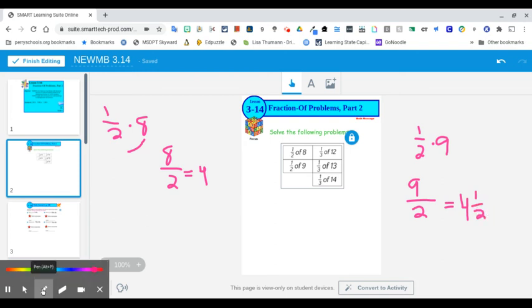So using that process that I had said earlier, I'm going to take my 2 and multiply it with the 4, so my denominator times the whole number. 4 times 2 is 8. Then I'm going to add it with that numerator, and 8 plus 1 is 9. And then we keep that denominator. Okay? And then a refresher.